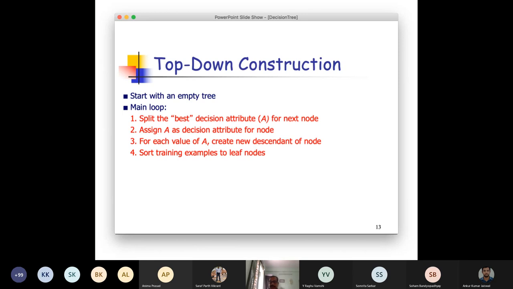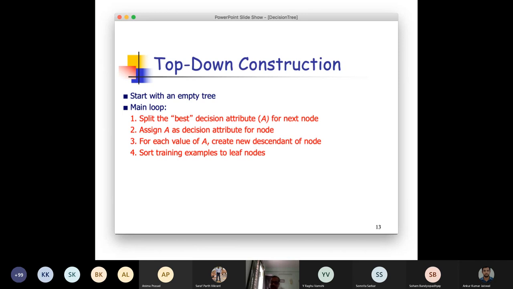Sort means you consider those training examples which should be associated with that node, that means with respect to this branch, those satisfying the branching condition, whose attribute value of A is the same as the value used for branching.